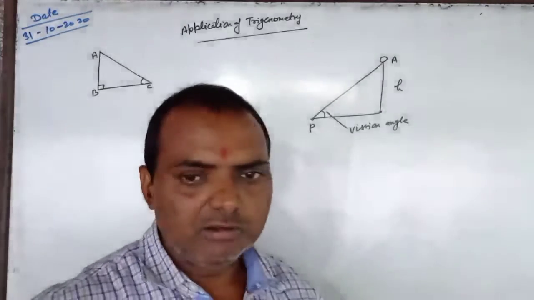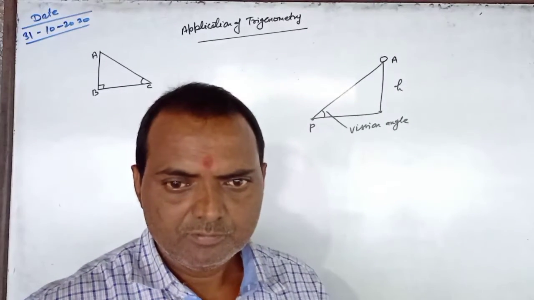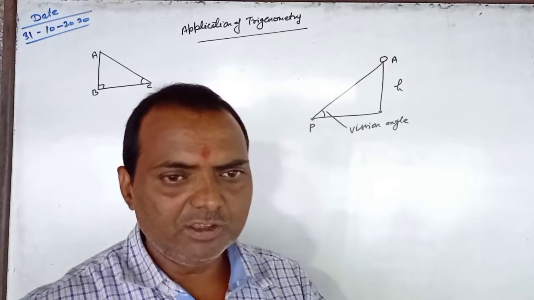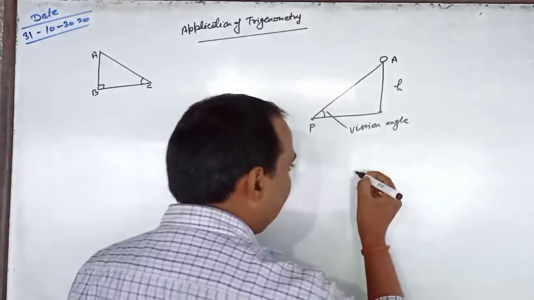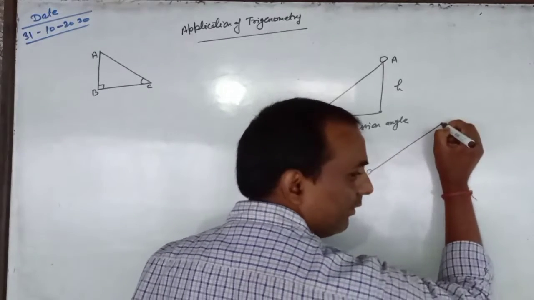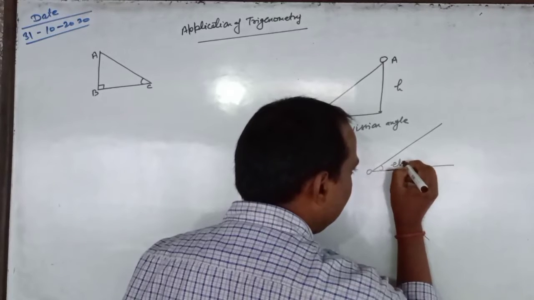and so the vision angle is of two types, elevation angle and depression angle. Elevation angle means when we see from low to high with the ground, that is called elevation angle.